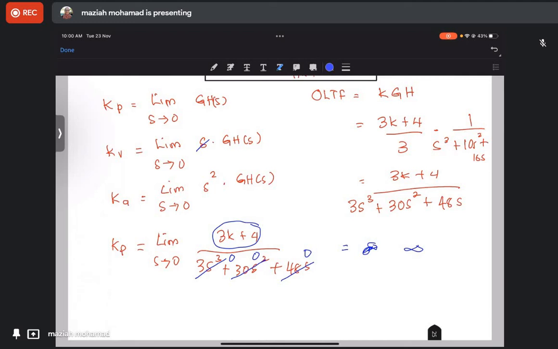So a value divided by 0 is infinity, and 0 divided by something is 0. So we can expect Kv to have some value, which we can calculate, and Ka will become 0.